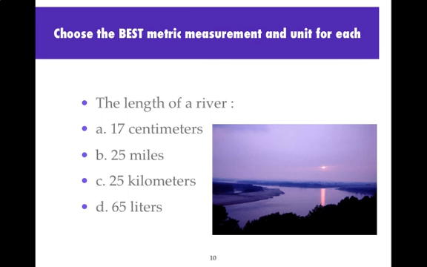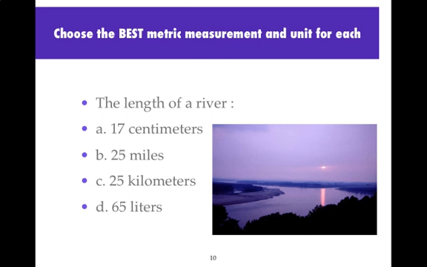The next part of the question is that it asks the best metric measurement. So which one can you eliminate right now? You should be thinking that you can eliminate miles because miles is not a metric measurement. So now that leaves us with centimeters and kilometers. So think about what each of those mean.